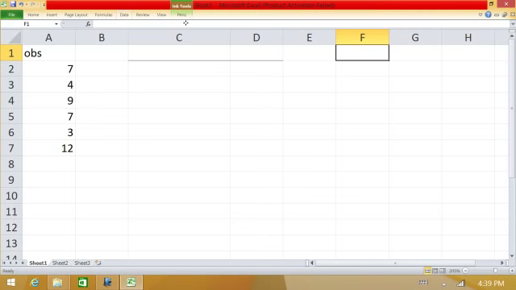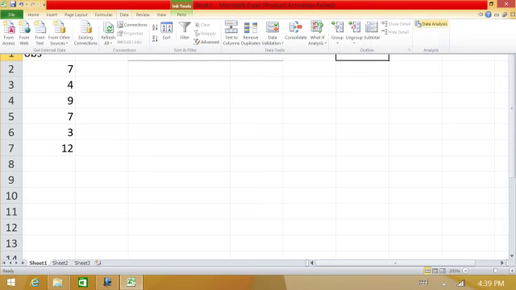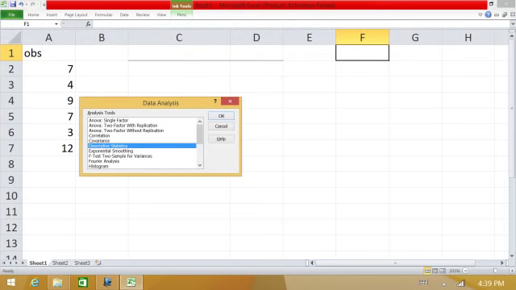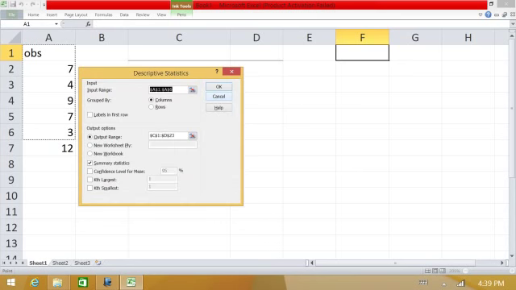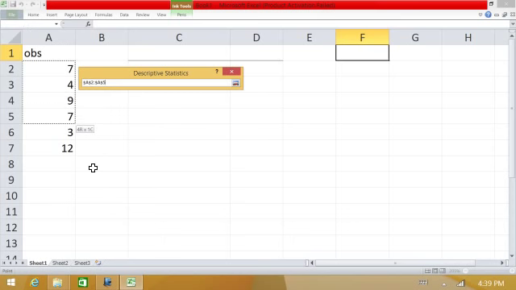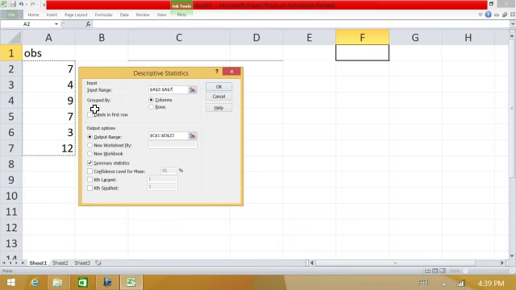Like the previous example, we'll go to data analysis, descriptive statistics, okay, and the input range would be A2 through A7. Output range would be C1 to D23, and we'll look at summary statistics and okay.